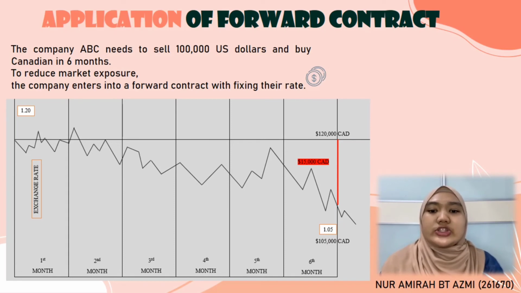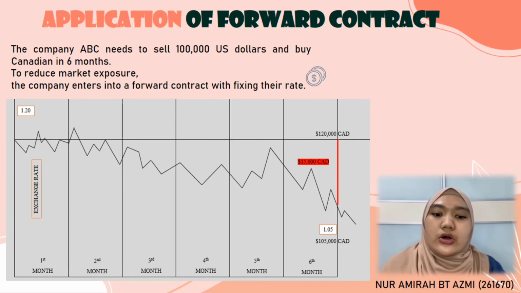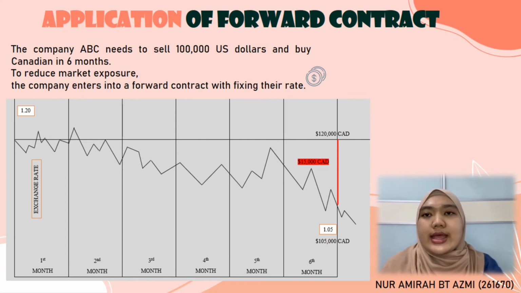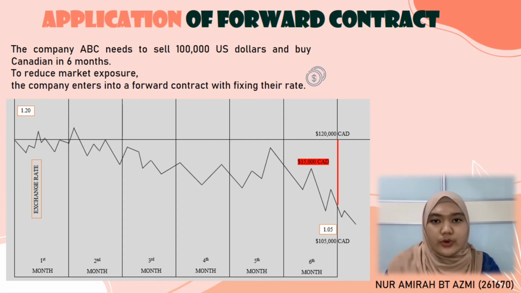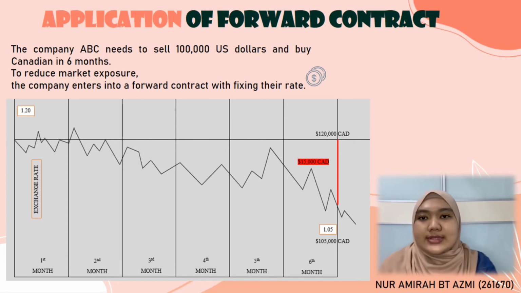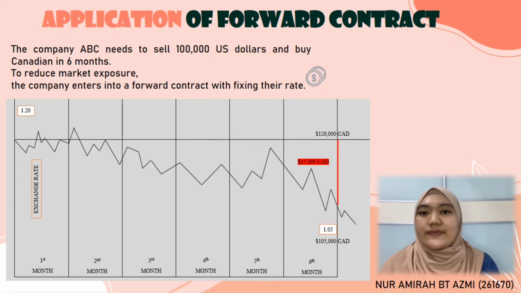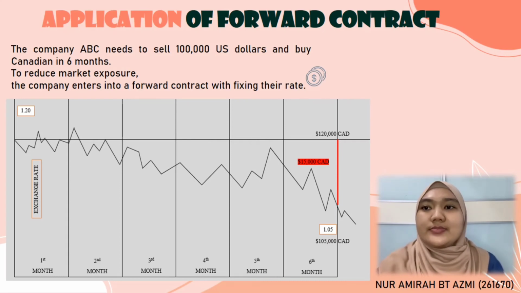The advantage of a forward contract is that if over the course of the transaction the US dollar weakens against the Canadian dollar and at expiry is trading below 1.2, the company is protected at the fixed exchange rate. The impact on the profit margin can be significant. In this example, the company will realize a saving of 15,000 US dollar.